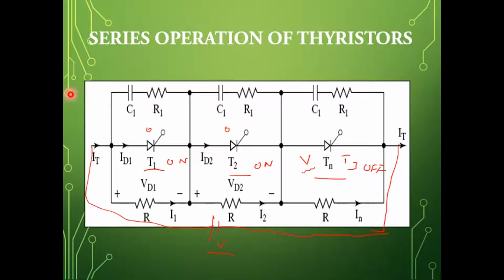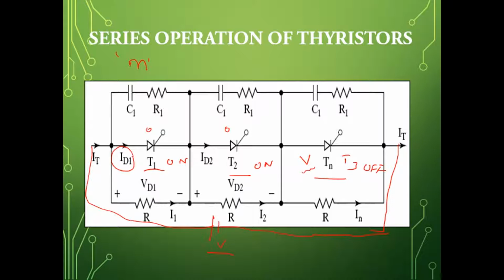Now let us see what should be the number of thyristors to be connected in series, and what is the maximum value of the voltage across each thyristor. For that, we will consider that there are n thyristors connected in the string, that is in series, and we will consider that the off-state current of thyristor 1 is ID1.